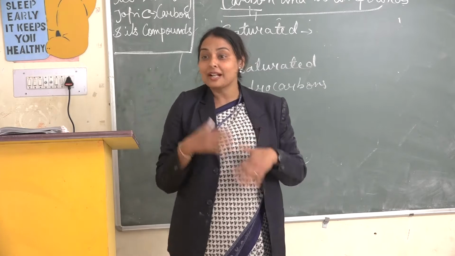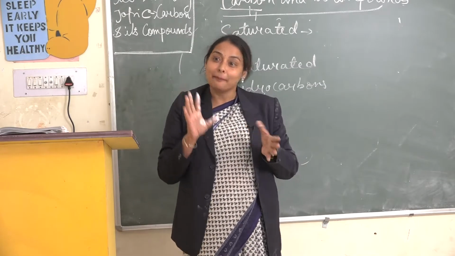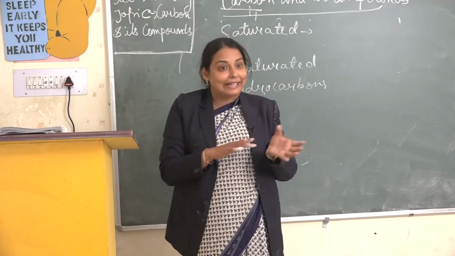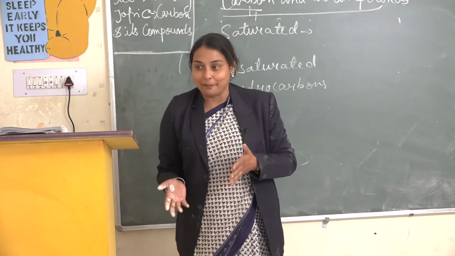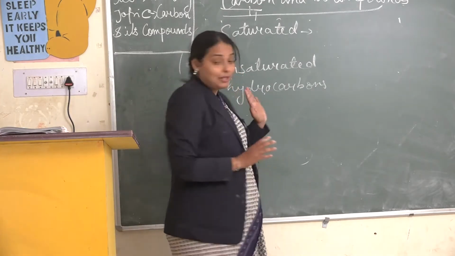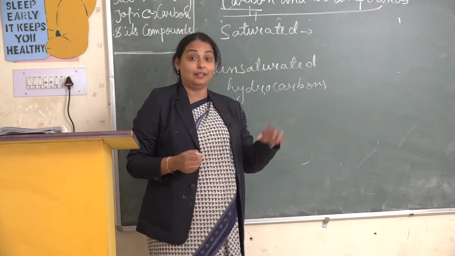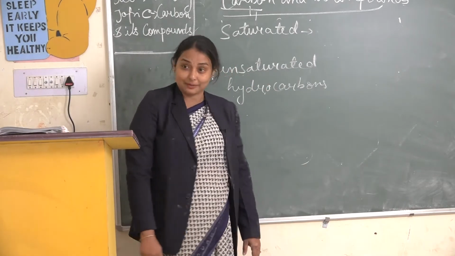But in a combined state, some more are with me, meaning carbon is combining with other elements to make a compound. Is it clear to you? Now we will come to know what saturated and unsaturated hydrocarbons are.